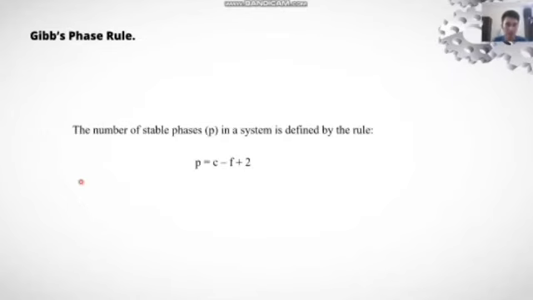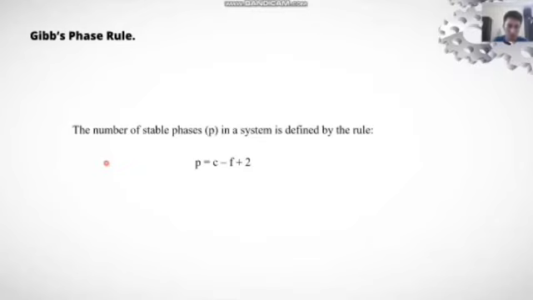Gibbs phase rule. Gibbs used the term phase for each homogeneous region of a system, and he expanded the concept to describe the thermodynamics of heterogeneous solids.